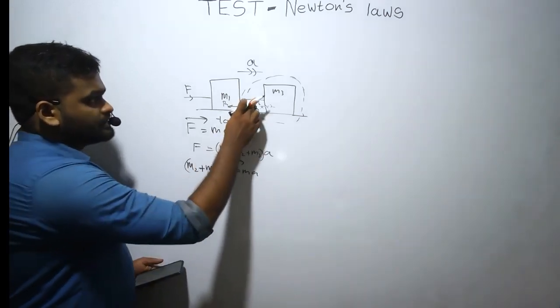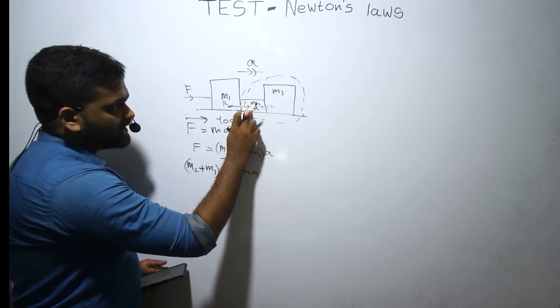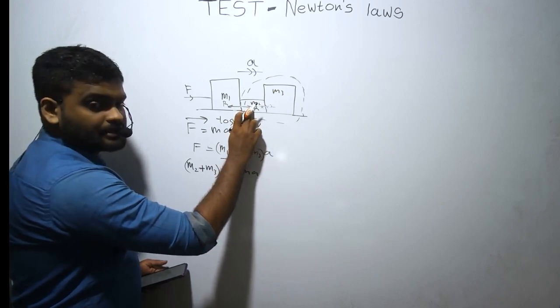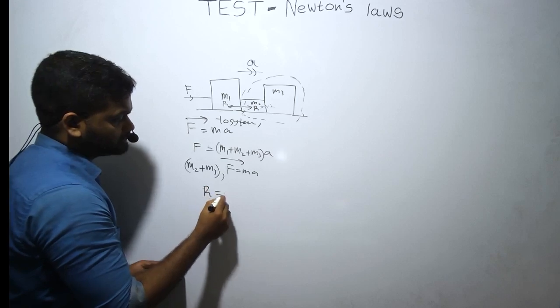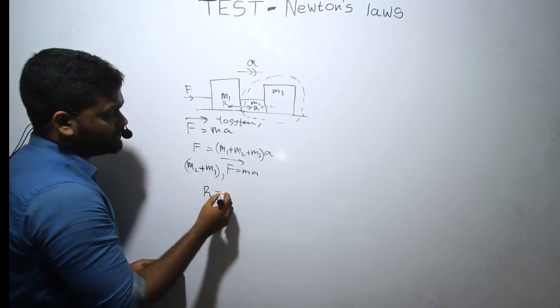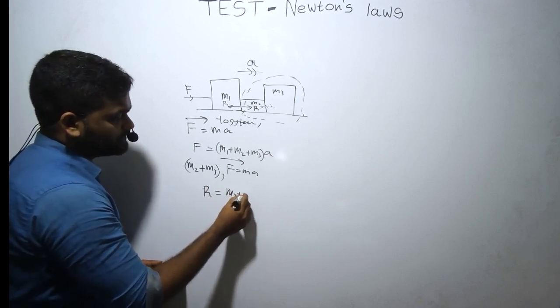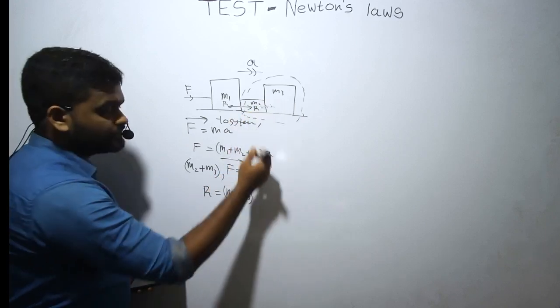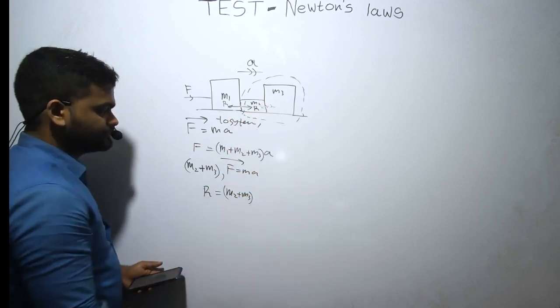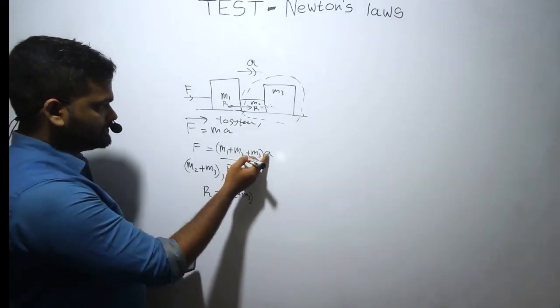When you consider this, the only force acting there is this normal reaction, capital R, horizontally. So the mass is M2 plus M3 of this system. Acceleration is the same.